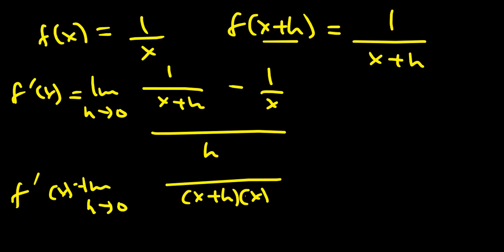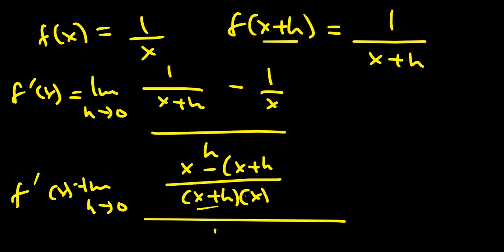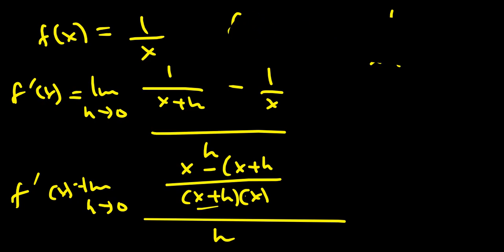So when x divides there, I'll just remain with this multiplying by -1. So this will be minus x plus h. So that's what I'm getting there on top. Then this is all divided by h. Okay, so what do I get from there?